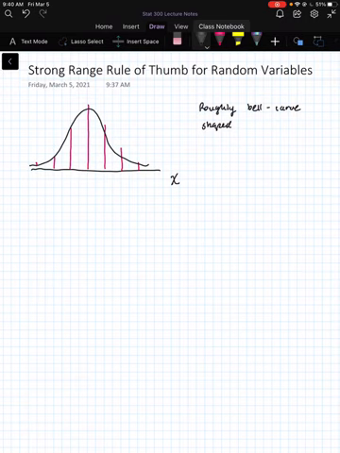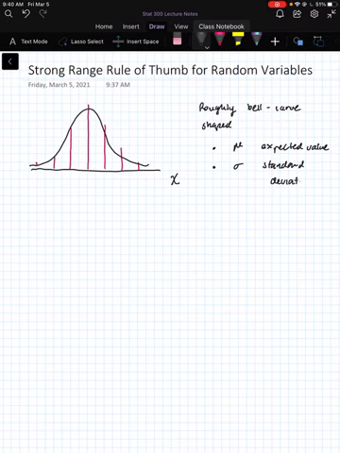So our key players here are mu, the expected value, and sigma, the standard deviation of this variable.